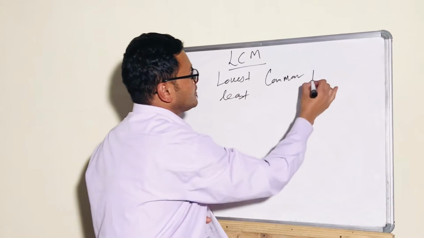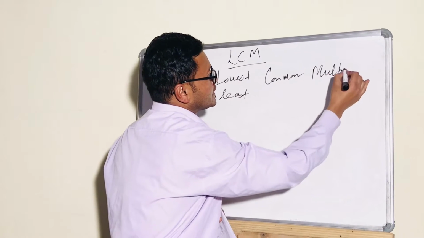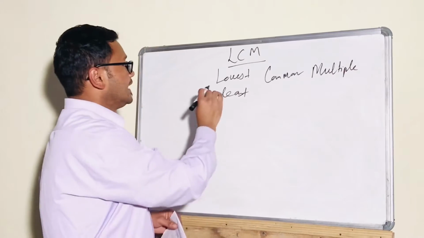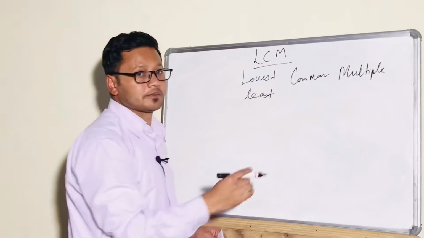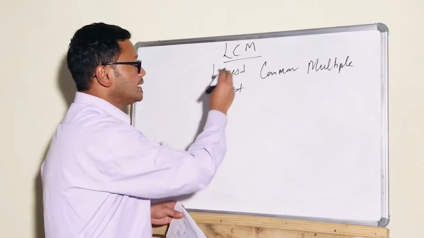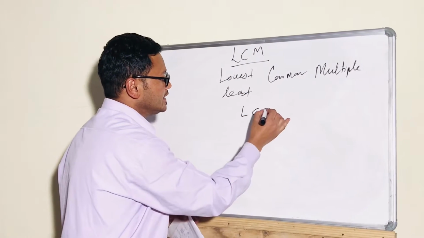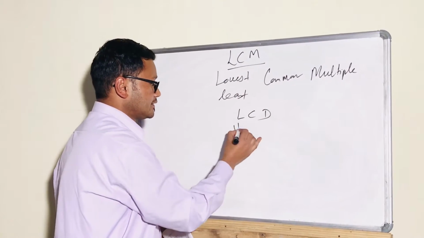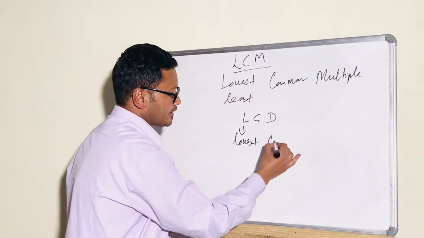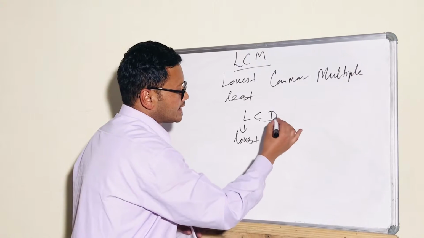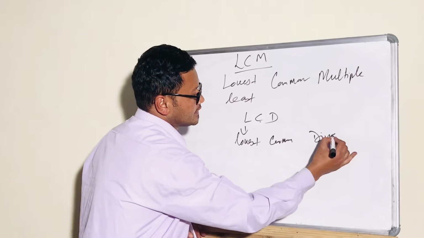LCM means lowest common multiple, or the least common multiple. LCM is also written as LCD: L means lowest, C means common, and D means divisor.